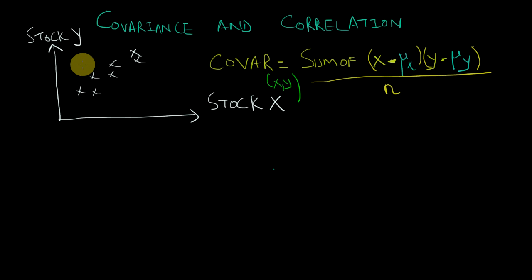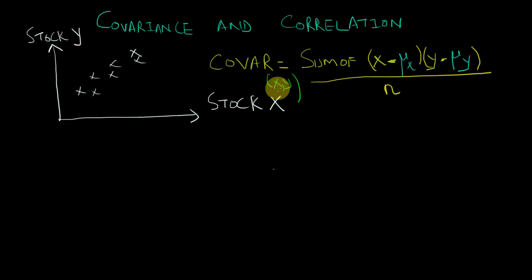You can see in the diagram that as stock X increases, the price of stock Y is also generally increasing. So we can measure this relationship by calculating the covariance between stock X and Y.